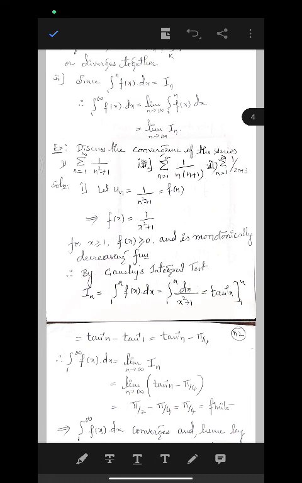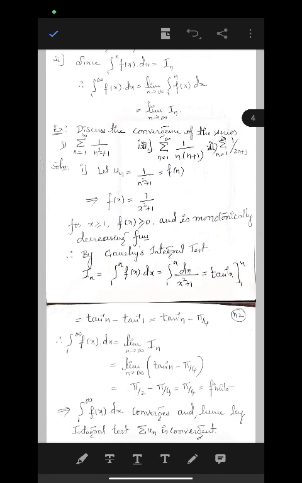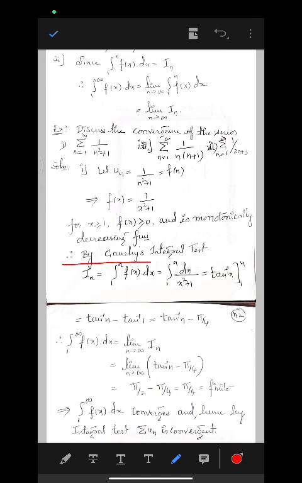Next step: only if this is true can we apply Cauchy's integral test. So therefore I_n is equal to the integration over 1 to n of f of x dx.